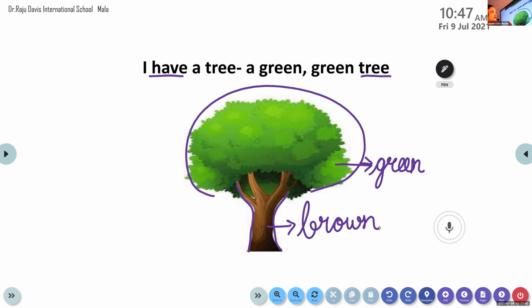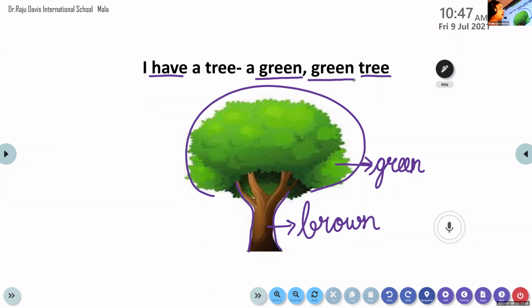I have a tree, a green tree. My dear students, keep in mind that the leaves of the tree are green in color. That is the reason the word green is used here. Understood?